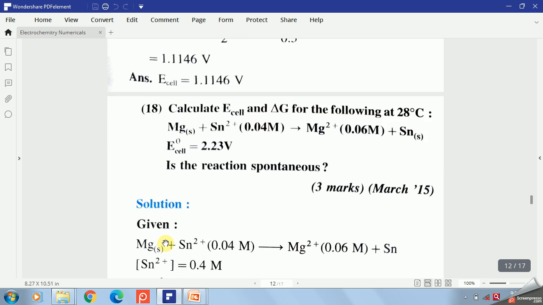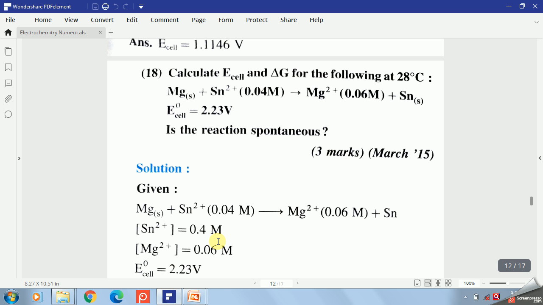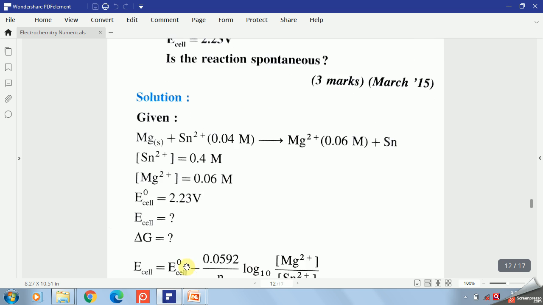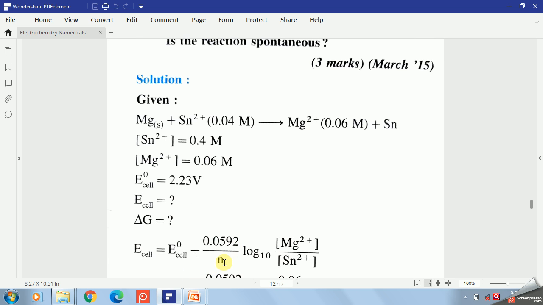So E cell, the formula is E0 cell minus 0.0592 divided by n, which is equal to 2, into log of concentration of Mg2+, which is 0.06, into concentration of Sn, which is solid so write it as 1, divided by concentration of Sn2+, which is 0.04, into concentration of Mg, which is 1.